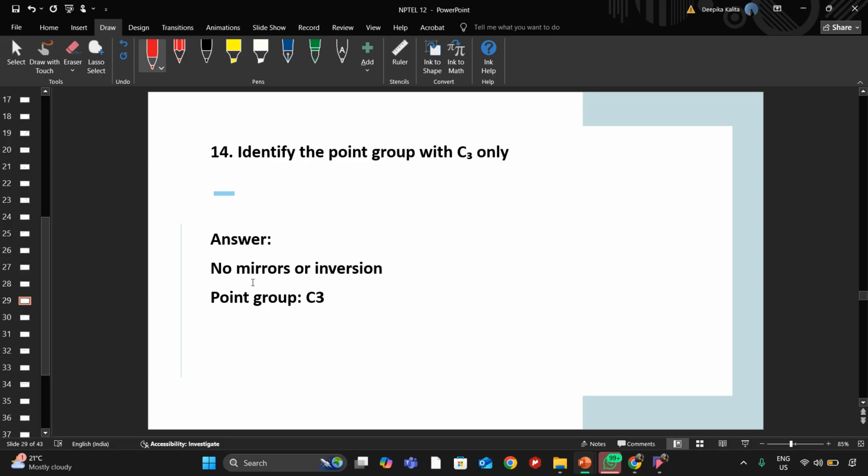It will have no mirrors or no inversion, and the order of the group will be 3.